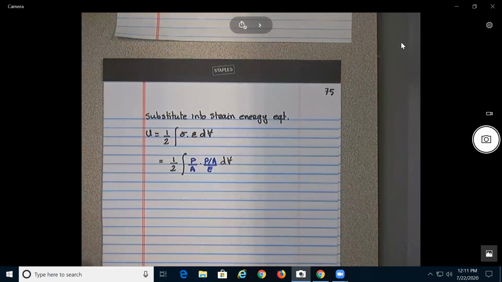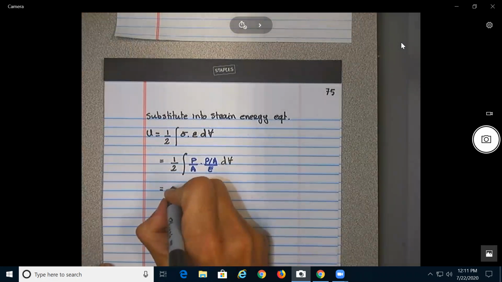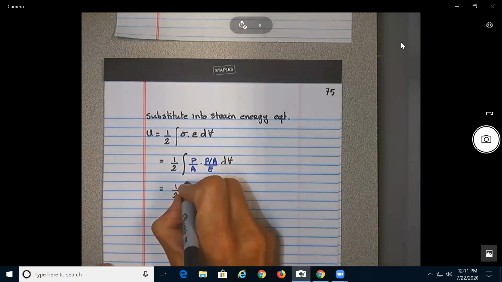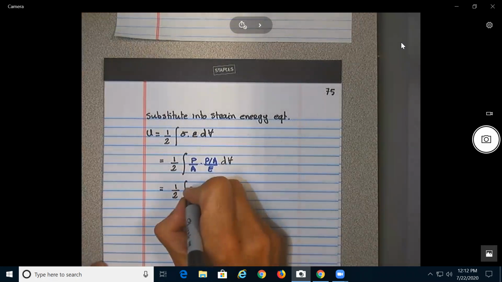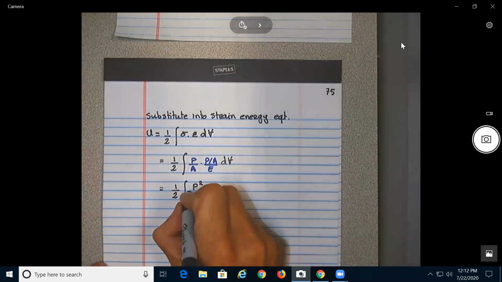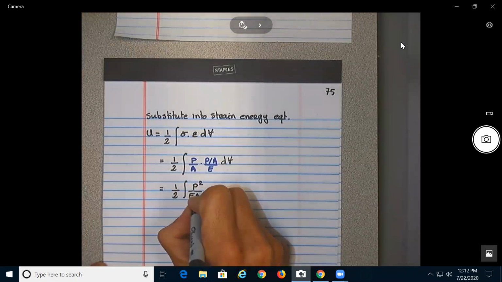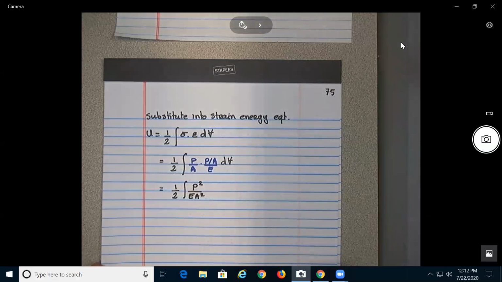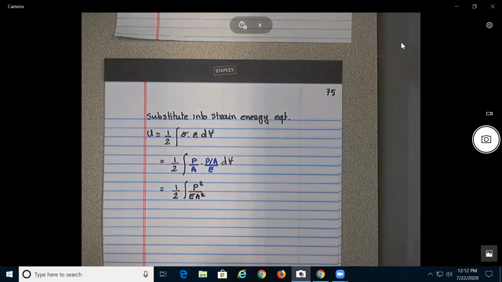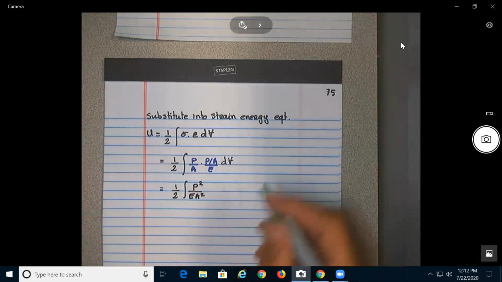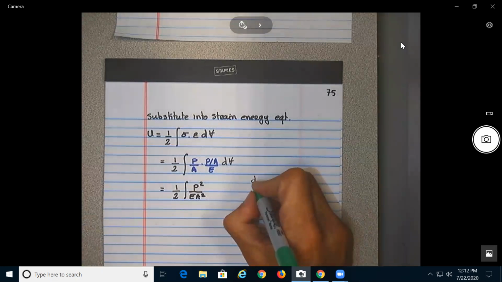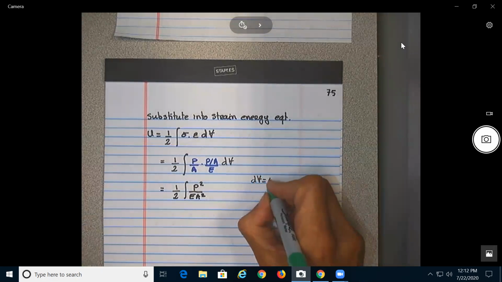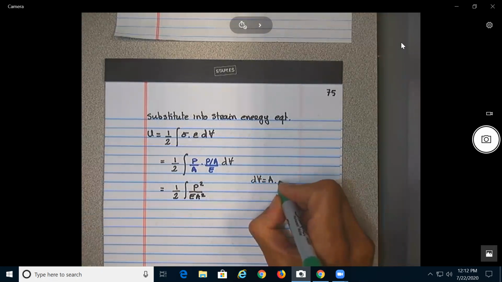All right, so we do some simple algebra. This is going to give us U equal to 1/2 integral of P squared over EA squared. And now to save one step, what is dV equal to here? dV, we said before, is equal to A times ds.